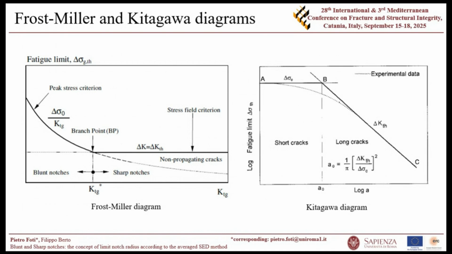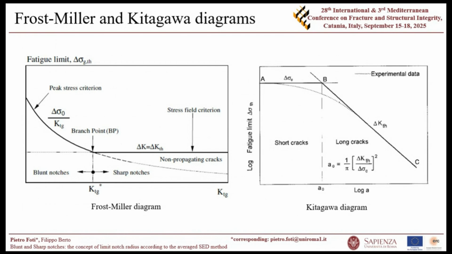At a certain point that is called the branch point, we will have a horizontal asymptote, and in this case, the stress concentration factor will actually overestimate the effect of the notch on the fatigue properties.